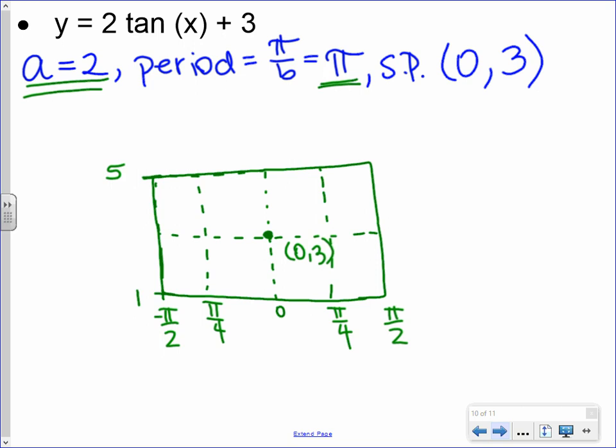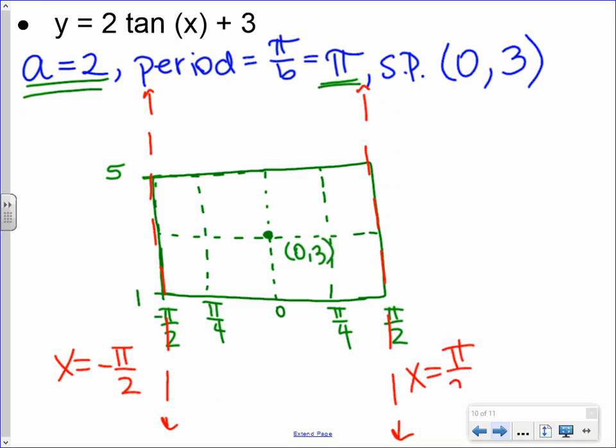So no matter what kind of tangent graph we have, the asymptotes go on the edge of your frame, and you will want to label them. So x is negative pi over 2 and x is positive pi over 2. Since we have a positive tangent, then no matter what, our starting point is what we want.